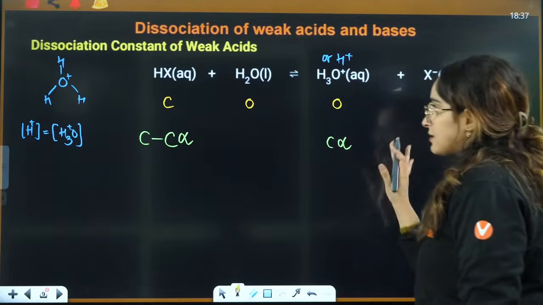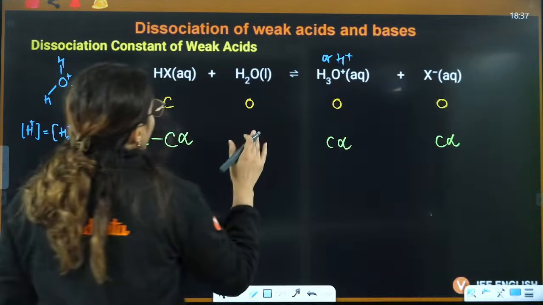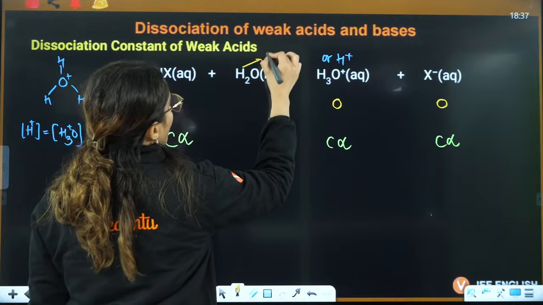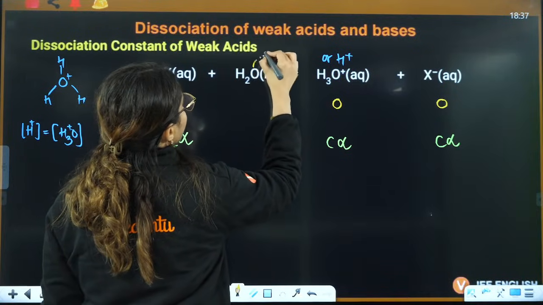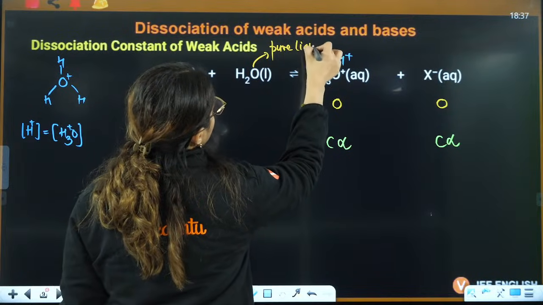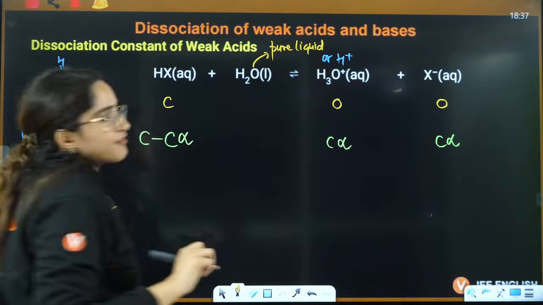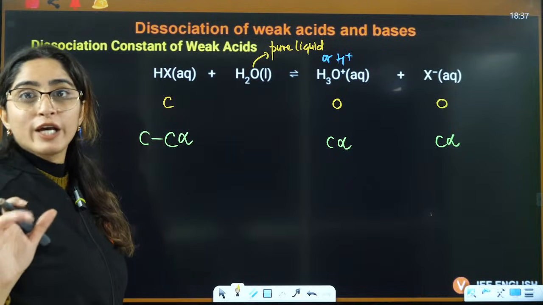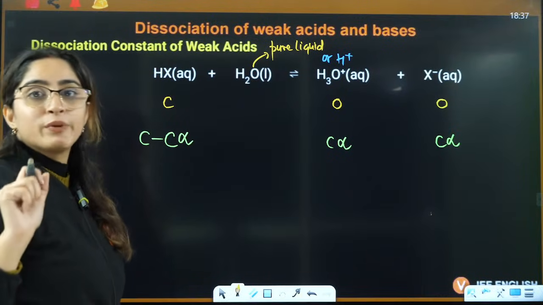Now this is the equilibrium concentration. Water is a pure liquid, and we don't include pure liquids in the equilibrium constant value.